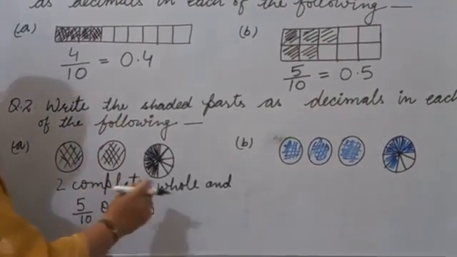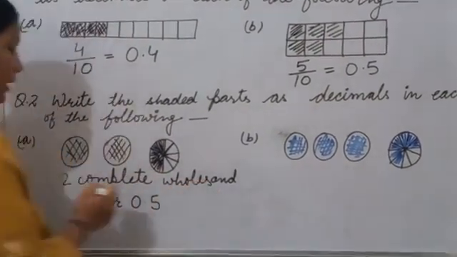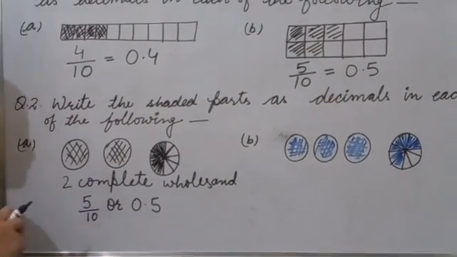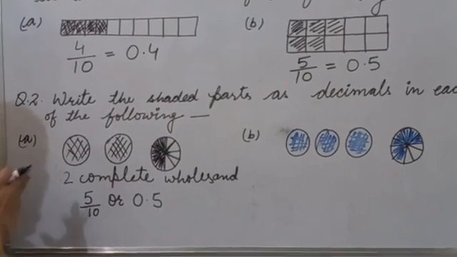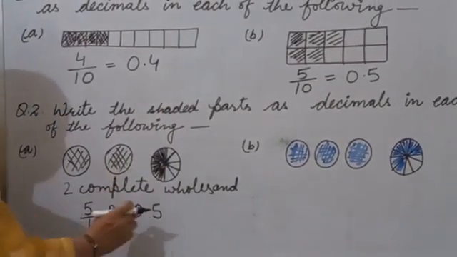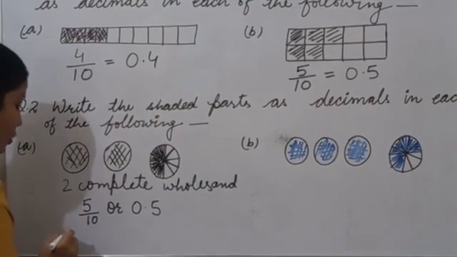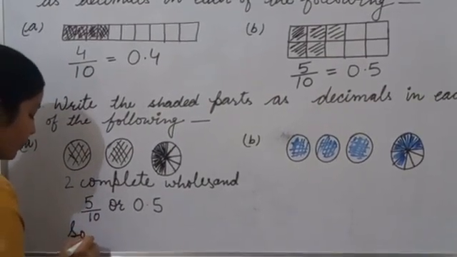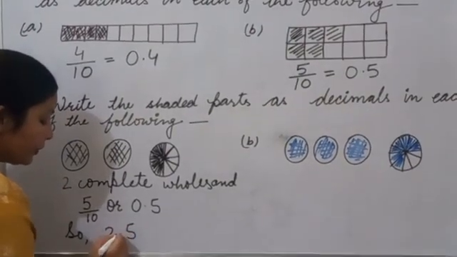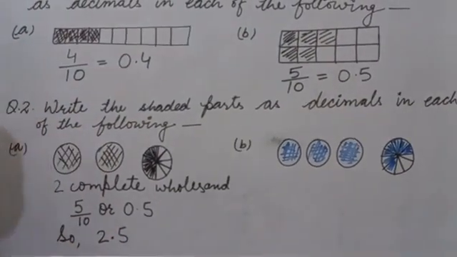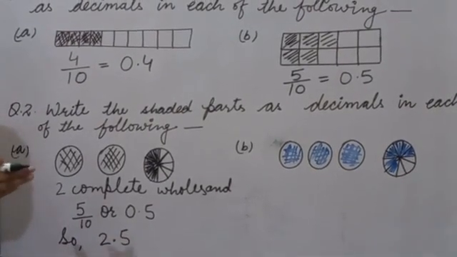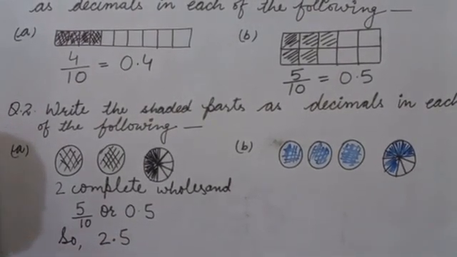So 2 complete wholes and 5 upon 10, that equals 0.5. So total is what? 2 तो complete ही हो गए और उसके बाद आपका हो गया 0.5. So we can write it like this. So your answer is 2.5. Total कितना हो गया? So 2.5 is your answer. Total whole जो आपका है, that is 2.5.